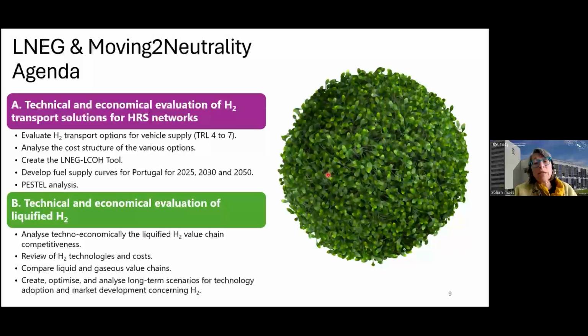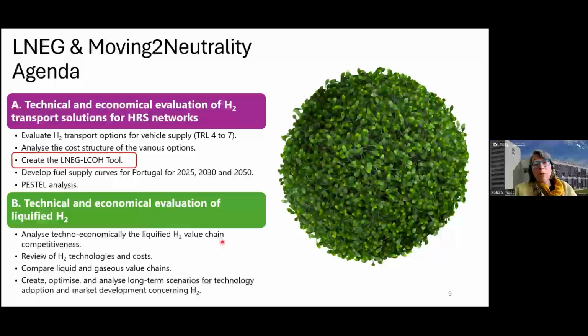We have created the LNEG levelized cost of hydrogen tool, and we are working on fuel supply curves for Portugal to make sure hydrogen gets to this type of end-use consumers for the current period, 5 years from now, and then the long period, because we know hydrogen technologies and transport solutions will evolve. And of course, we do what we call a PESTEL analysis, which is basically looking at the different components, not only from a technology point of view, but also things like social acceptability, regulation, environment, etc.